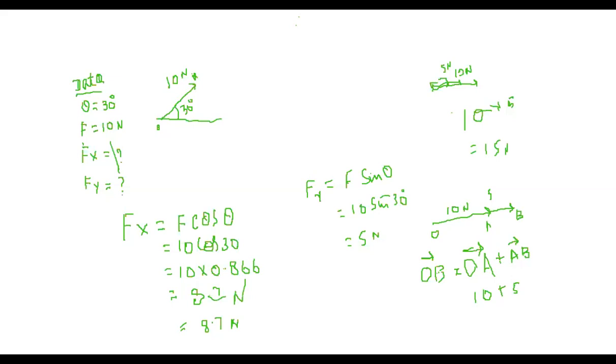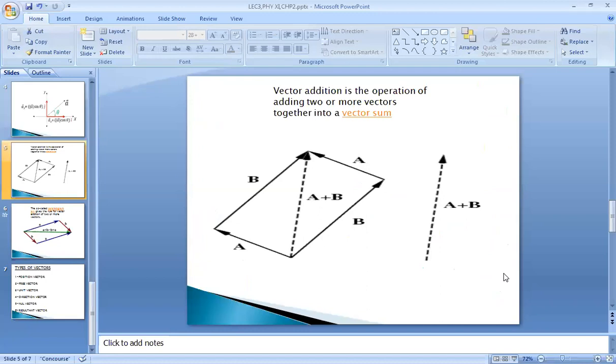If positive means east, then negative means west. So for vectors, we use the sign only to represent the direction.